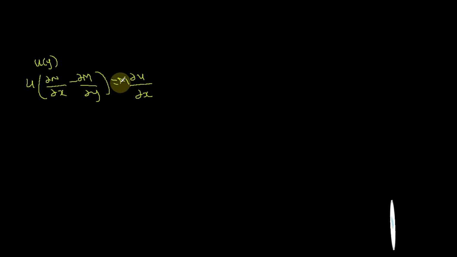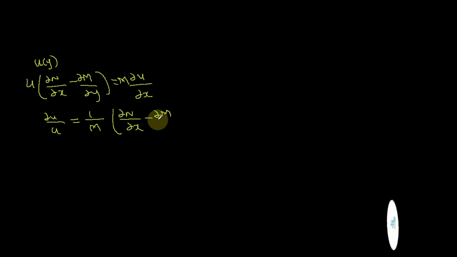It's because of the minus sign there. When the minus sign opens the bracket, it changes their position. Just the way we did for u of x, we follow the same for u of y, and we have ∂u/u equals 1/M times (∂N/∂x minus ∂M/∂y) dy.